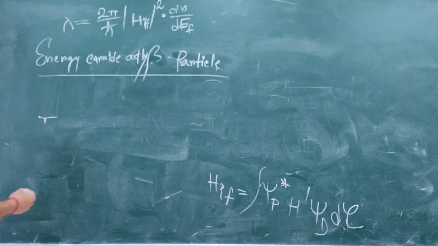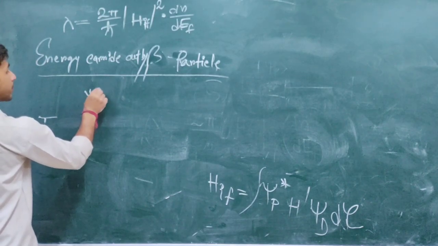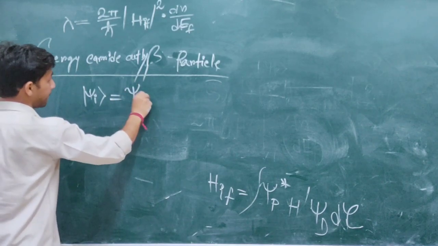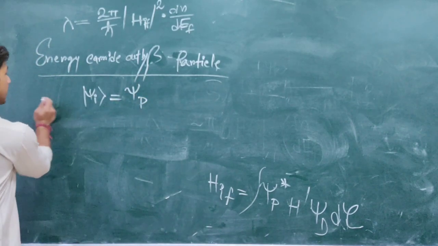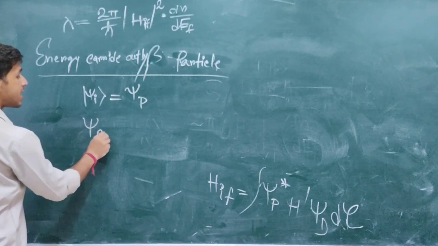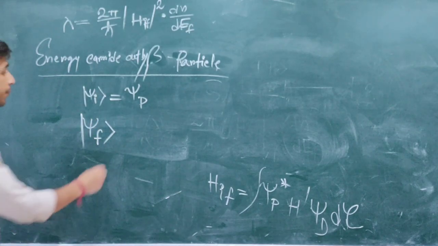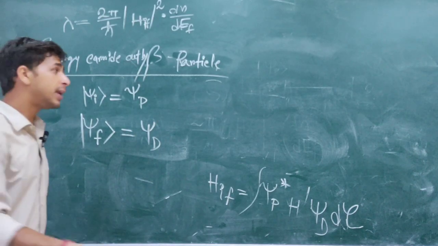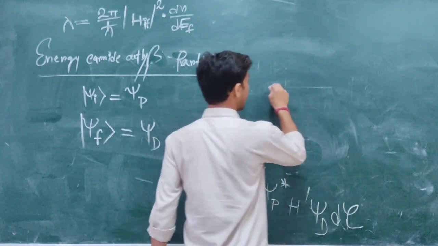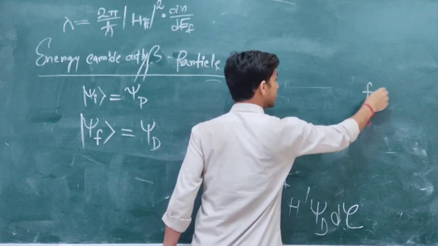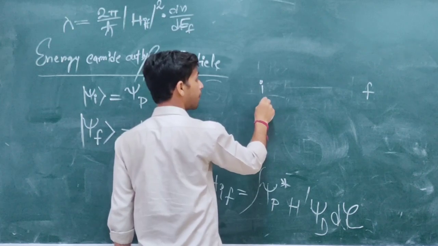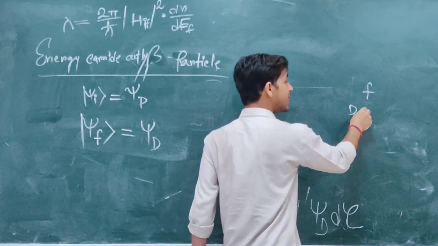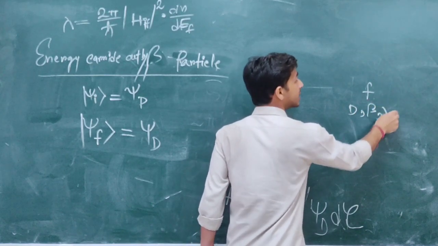Our initial wave function psi I will be equal to psi of the parent nucleus, and our final wave function psi f will be equal to psi daughter. This is the initial state and this is the final state. In the initial state we have the parent nucleus, and in the final state we have the daughter nucleus, the beta particle and the neutrino.